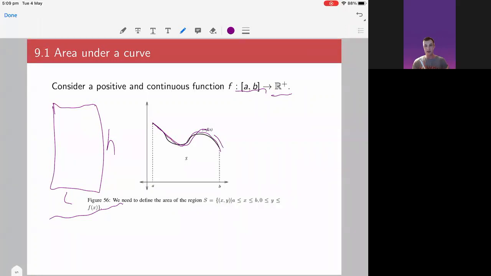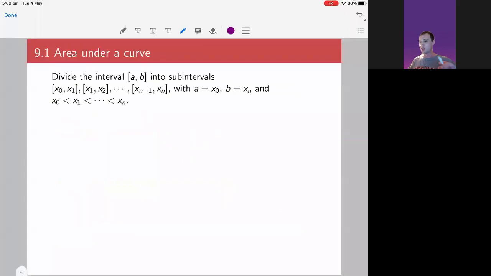So we know how to find the areas of rectangles. How can we use that to find the area under this curve here? Well, remember, this is just a definition. What we're going to try and do is split the interval up into little sub-intervals.